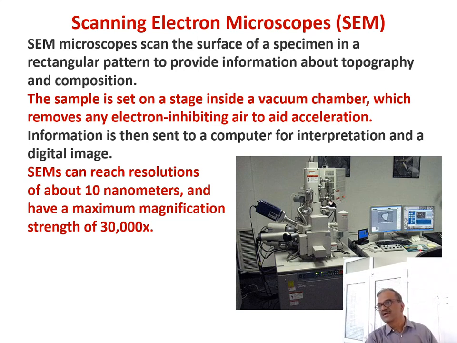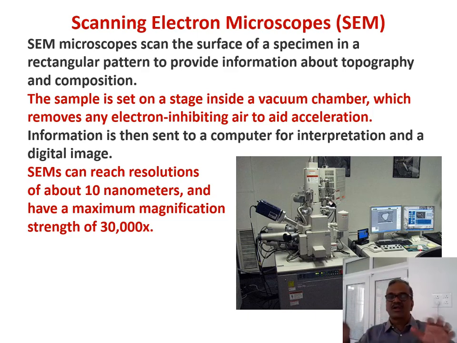So this is only 30,000x. But on the surface, you are not processing anything. You can even take a hair, keep it on a slide, and observe even up to the keratin pigment at 30,000x.